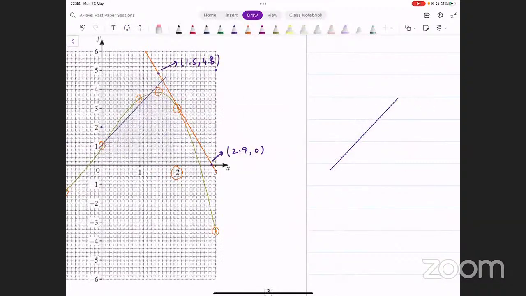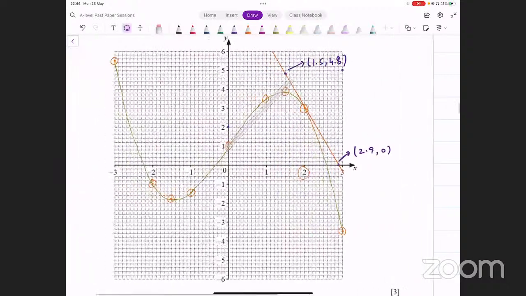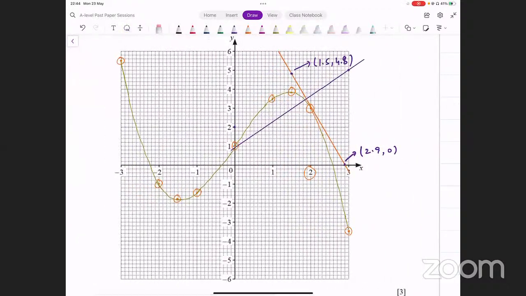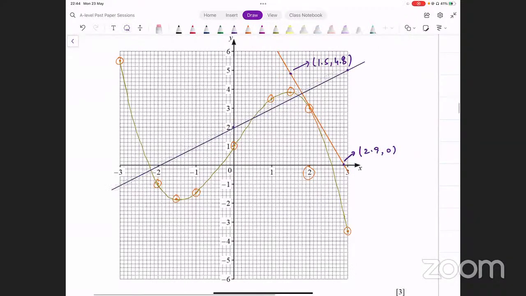That's going to be quicker. Okay, so this is what my line is going to look like. ठीक है, जो उन दोनों points से पास करिए. ये मेरे पास line आ गई.